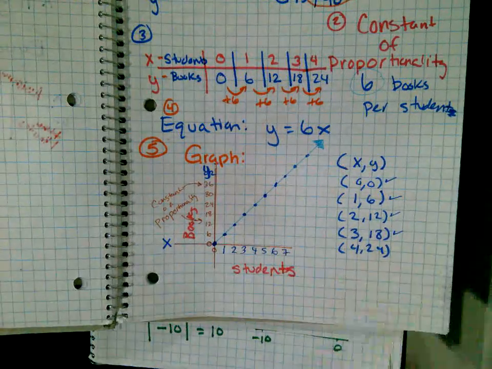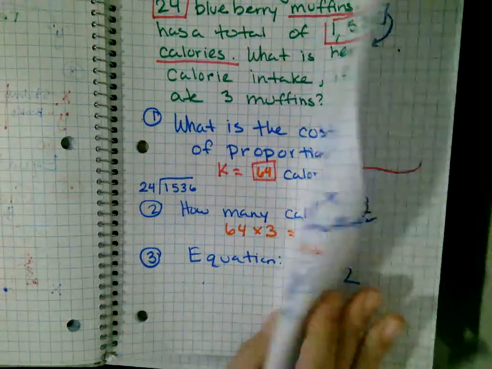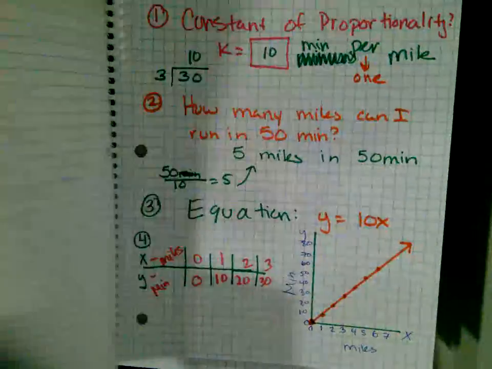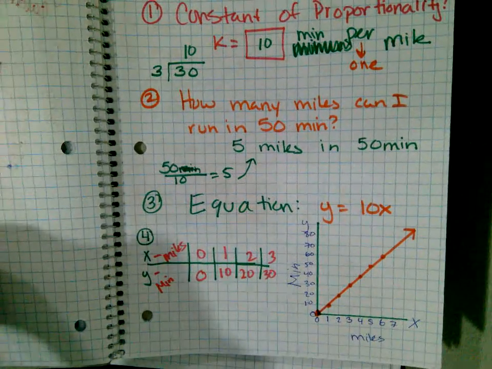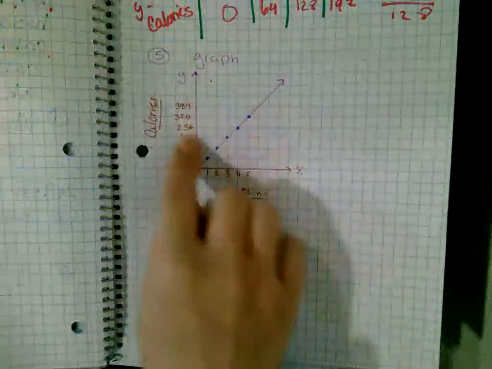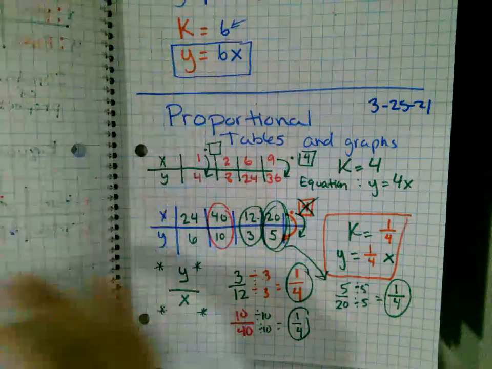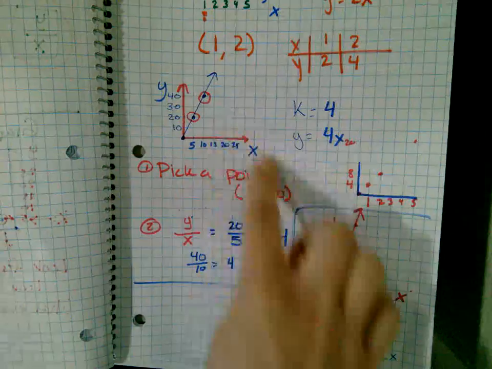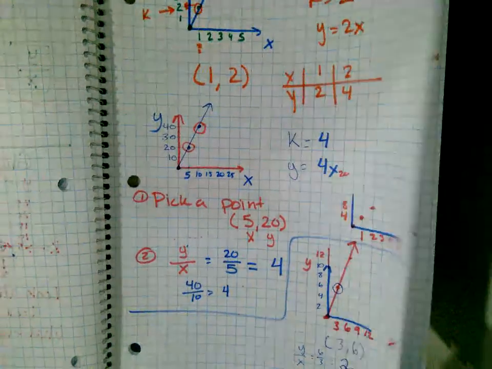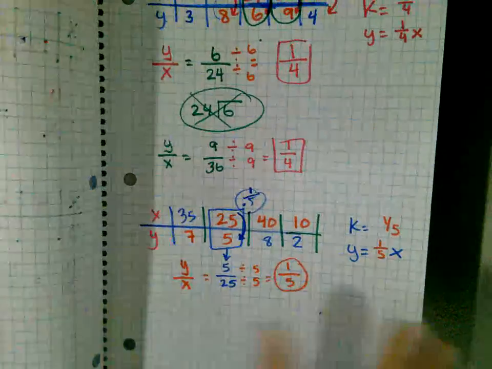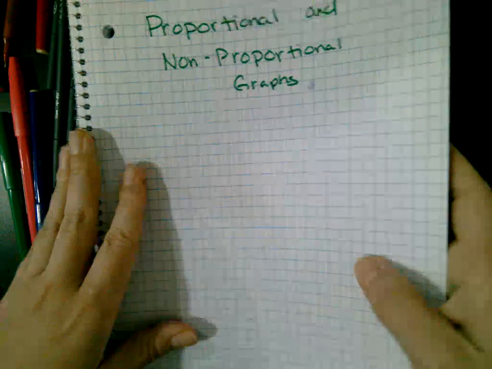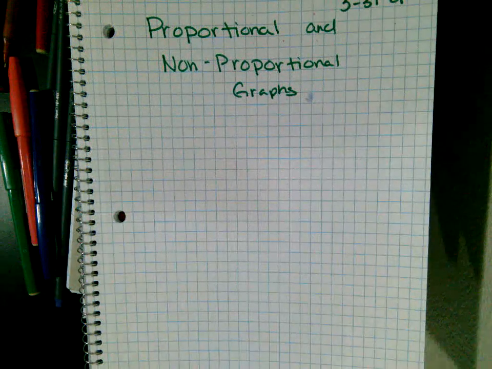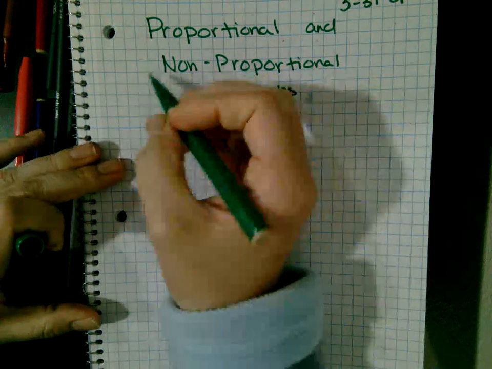All of these graphs that we've done in the last 15 days or so, here, this one, these three. What do you see that they have in common? In general, I'm not looking at the numbers, I'm looking at the general graph. What do they have in common?